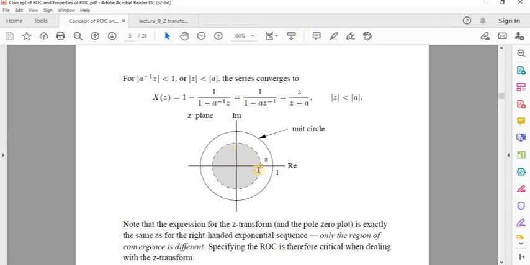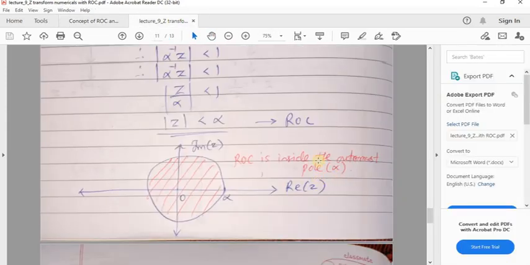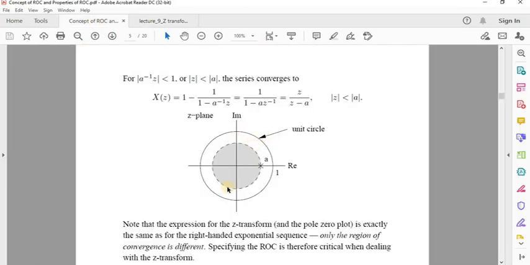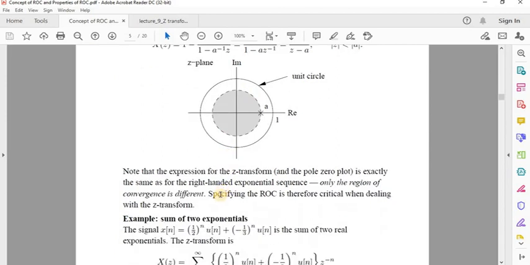You can see that outside the pole there is a white region, which means there is no region of convergence outside the pole, but inside the pole the region is indicated by gray color. So this is nothing but your region of convergence inside the outermost pole. This is for a left-handed sequence.